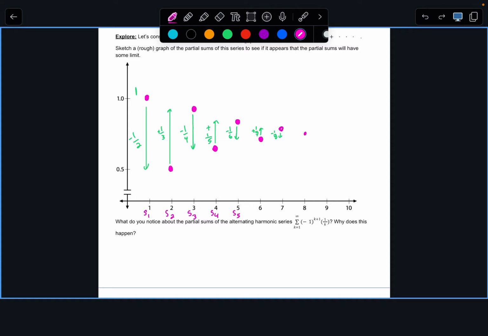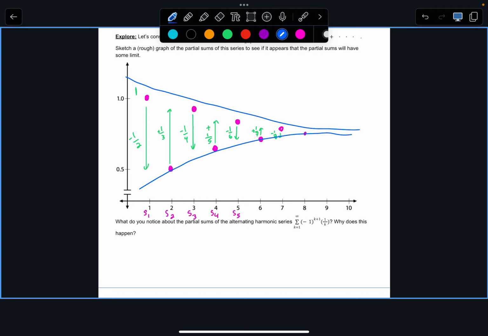So I think of it as we're getting ourselves trapped into an ever-decreasing channel. We can never get back to where we've previously been. So we get trapped and get smaller and smaller changes as we go along. So we seem to get trapped and approach some limit. And that is the case, and we will not prove that fact rigorously at all.